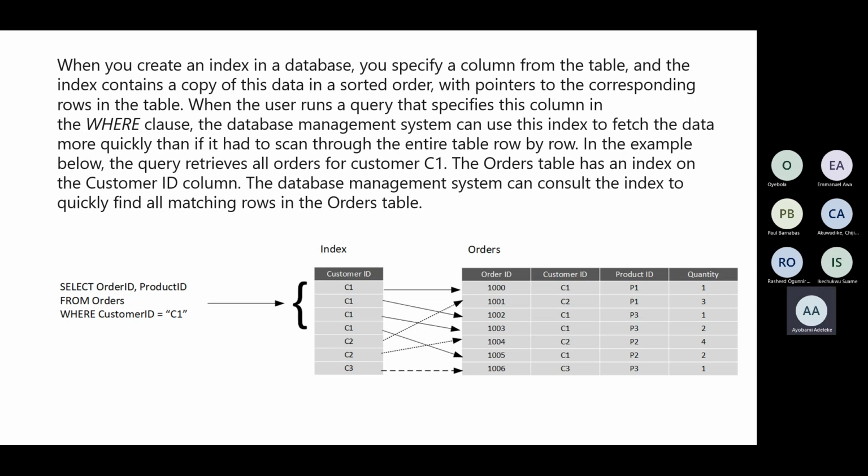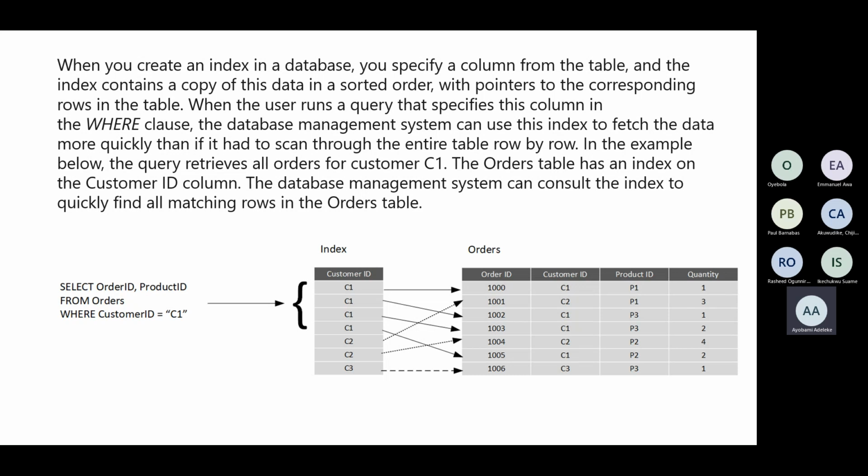In the example below, the query retrieves all orders for customer C1. So the customer ID is C1. We want to see how we leverage an index to optimize database query performance. That's just what indexing is all about. You can see the query being run here: select order ID and product ID from the orders table where the customer ID equals C1.